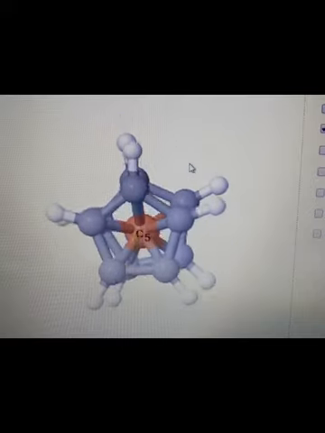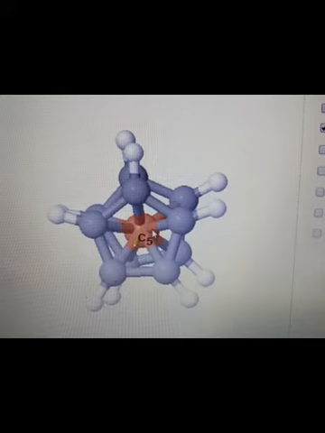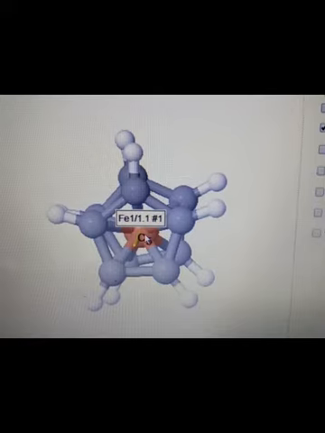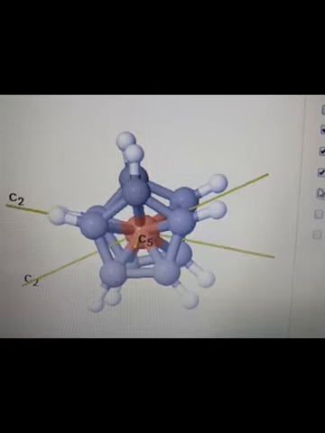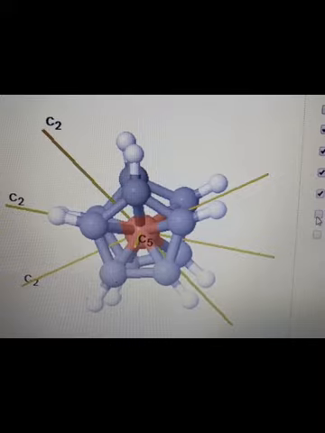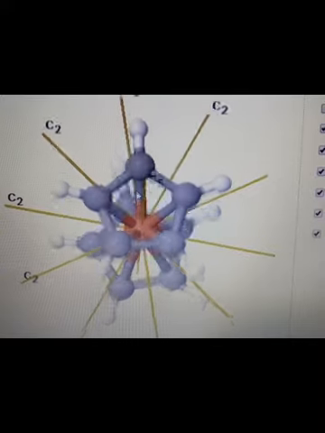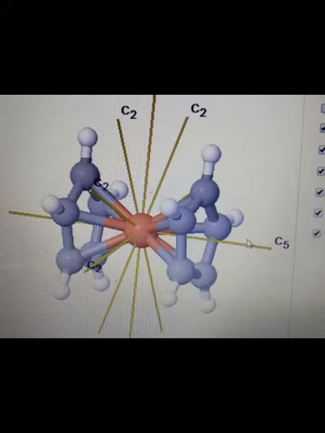And coming to the 5 C2s, this molecule has 5 C2s, and these 5 C2s are perpendicular to your principal rotational axis of symmetry, that is C5. These are the 5 C2s which are perpendicular, and these 5 C2s are also passing through the center of the iron atom.